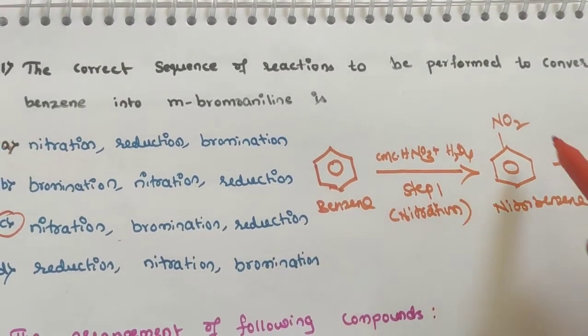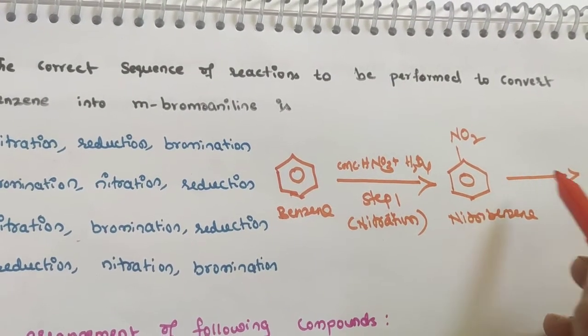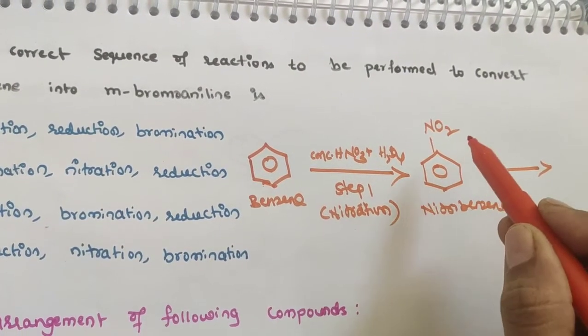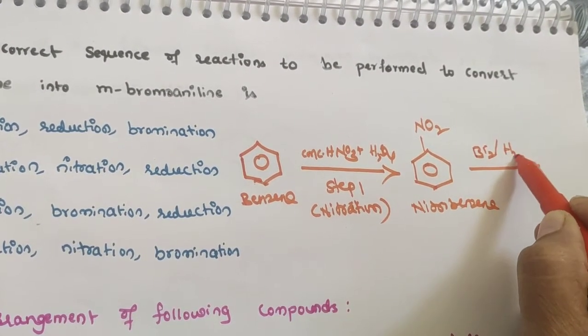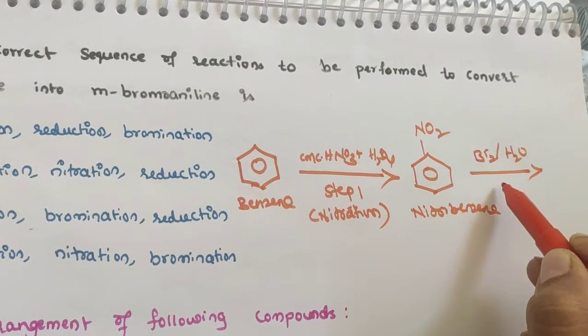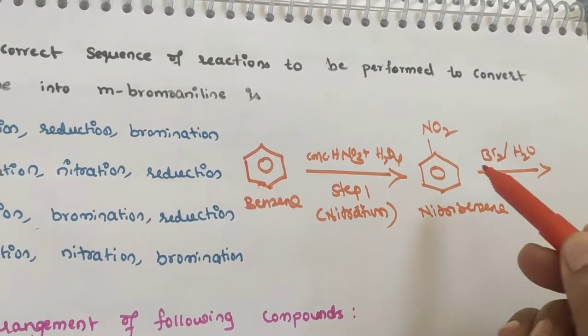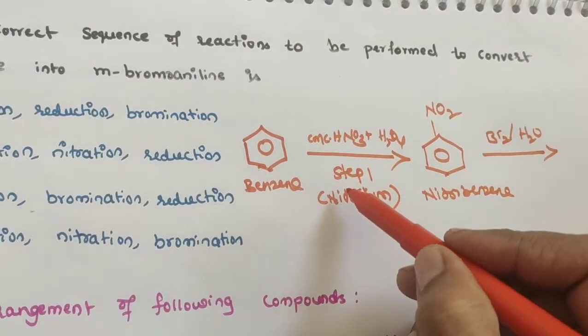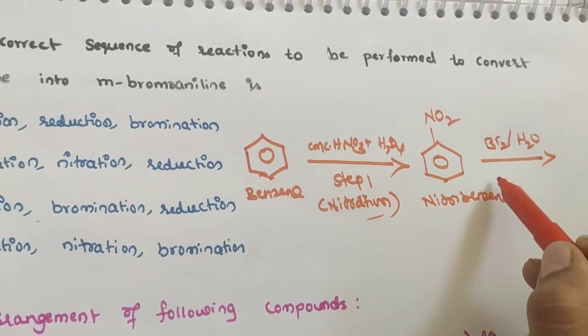Next, after obtaining nitrobenzene, we apply bromine as the substituting group. Like nitration, here we are substituting bromine.